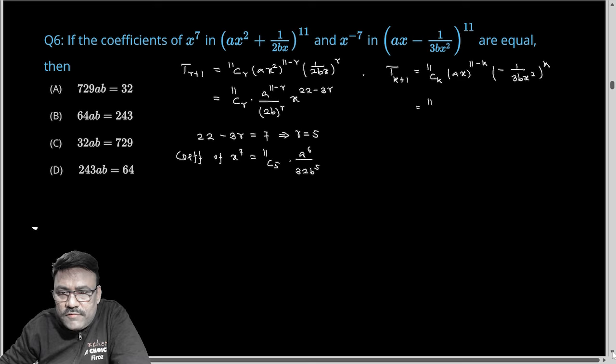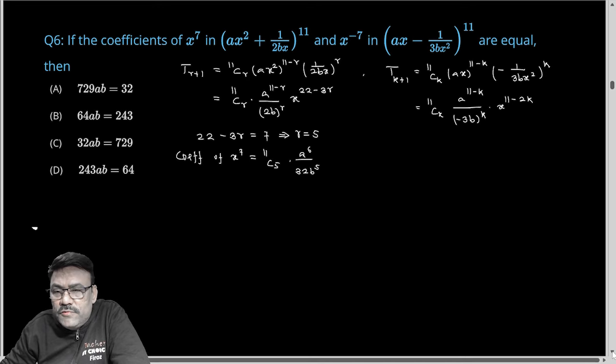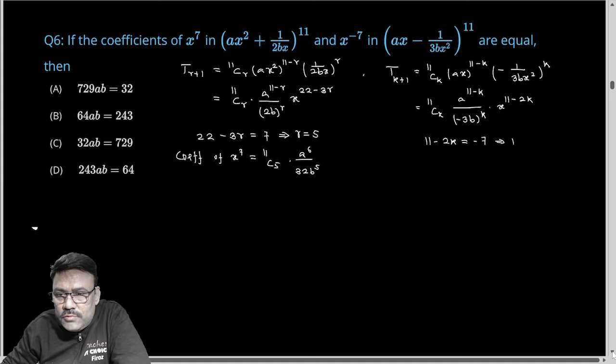It is 11 Ck, a raised to 11 minus k, over minus 3b raised to k, x raised to 11 minus k minus 2k. And I need coefficient of x raised to minus 7 here. So this 11 minus 2k is minus 7. This gives you k is equal to 9.